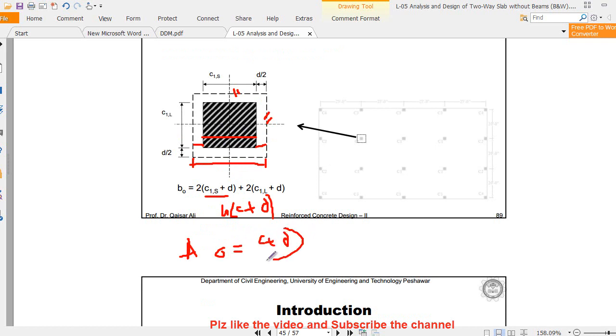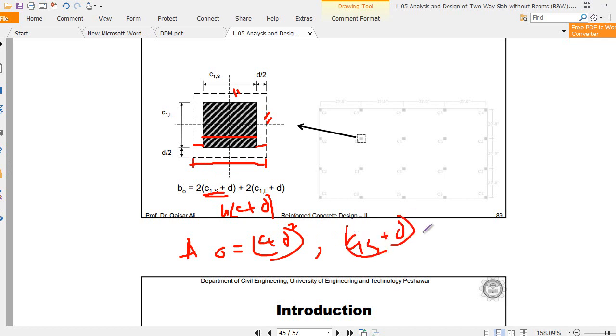If it is a rectangular column, you multiply these terms, (C1S plus d) into (C1L plus d). It will give you the critical area Ar.